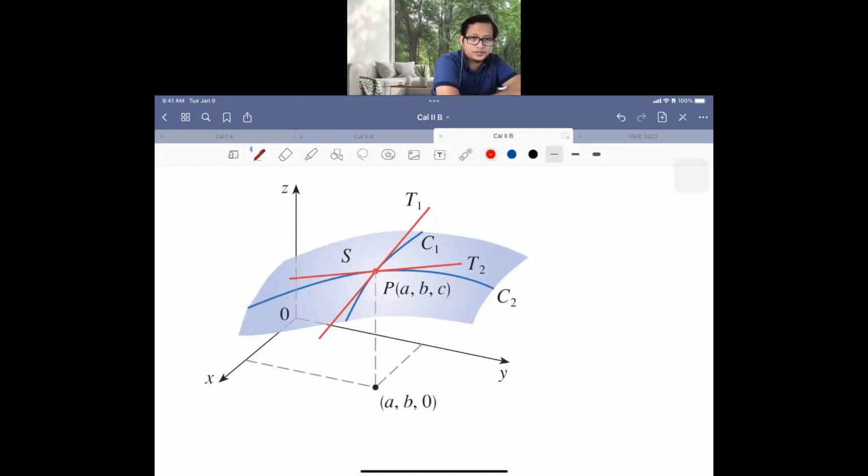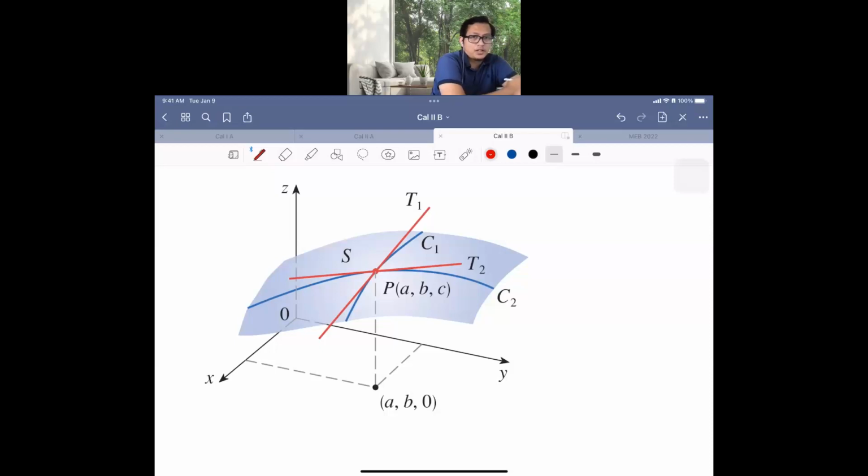The surface S, and imagine we are having two curves, C1 and C2, crossing this surface S. Okay, so we are having C1 and C2, and then at some point, for this example at point P, for C2 we have a tangent T2, for C1 we have T1.